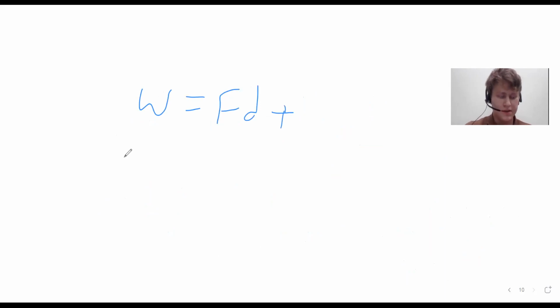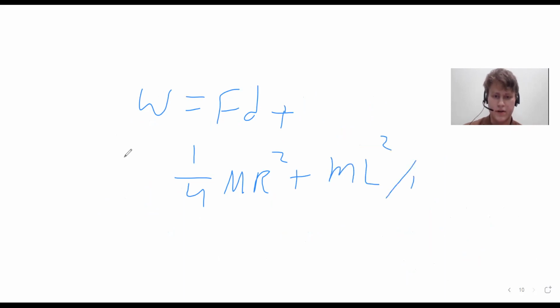So we have work equals force times distance plus, let's see, 1/4 mr squared plus ml squared over 4 plus u.